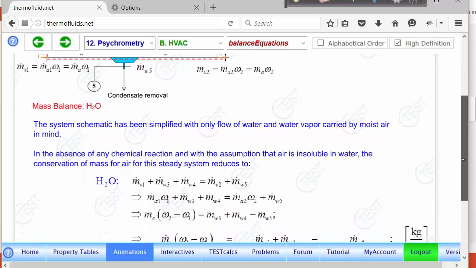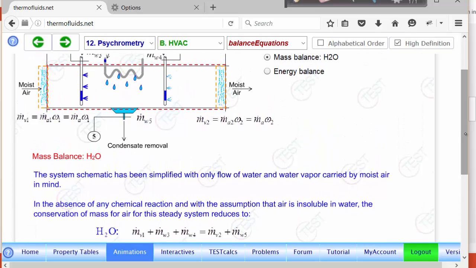So therefore, the balance becomes, what goes in are all shown here. M dot V1 is the vapor that is entering. M dot W3 means water that enters at state 3, water that enters at state 4. These are all on the left hand side.